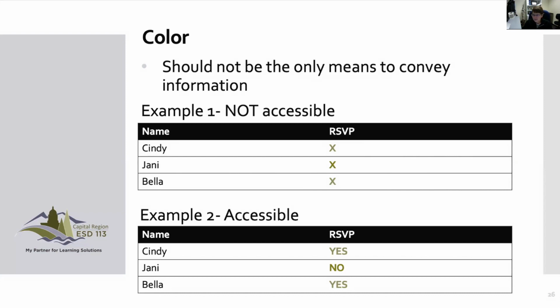As you see, the red and the green look very, very similar. So that's why it is not accessible. I can maybe tell there's a difference, but I don't know which one is which. So you want to have other ways of understanding the information besides just color.